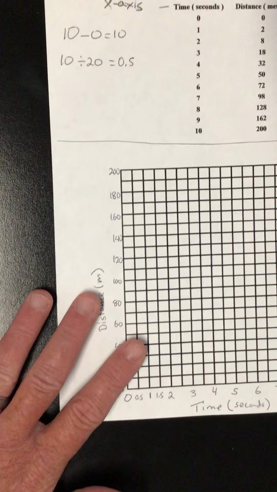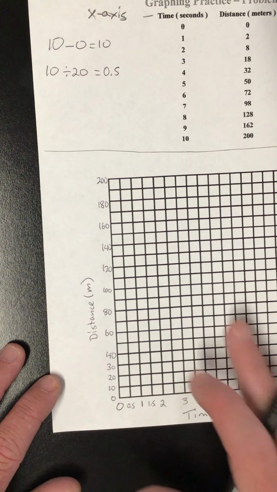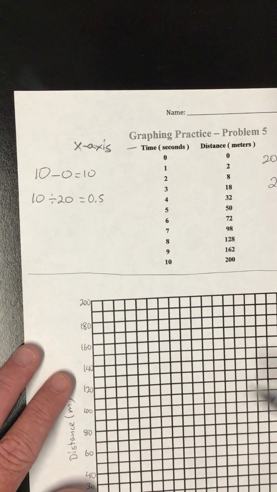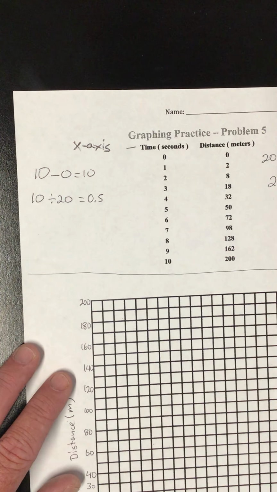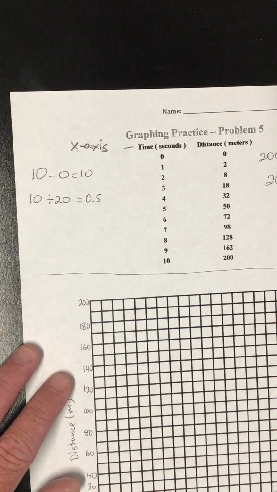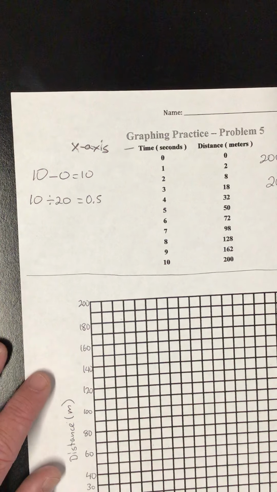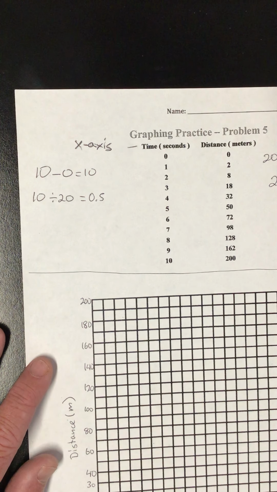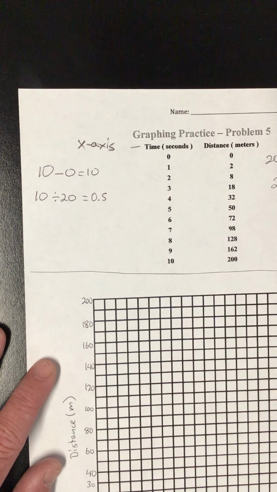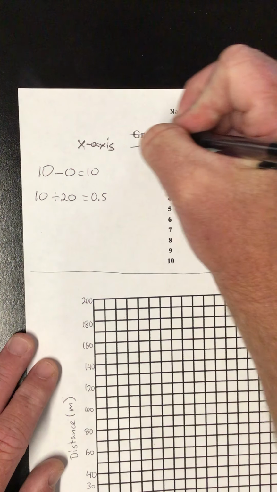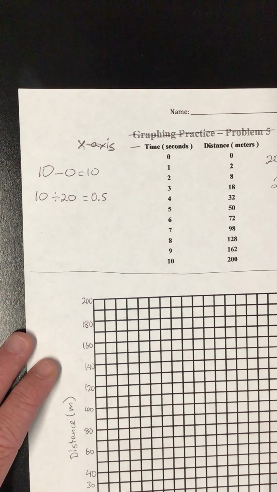All right, so are we going to need a legend? We don't need a legend because we're only comparing two things. If we were comparing a third and we ended up with 2 lines, then yeah, we would need a legend, but we don't. And we'll come back and visit that. All right, title. Uh-oh, we need a title. The title needs to be specific to the data that we're using.